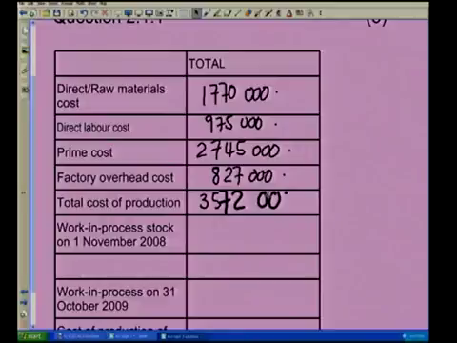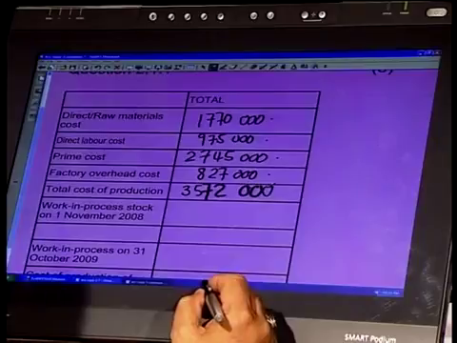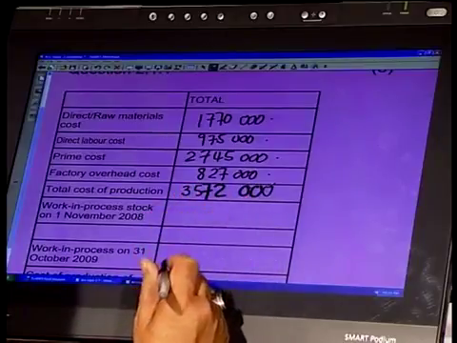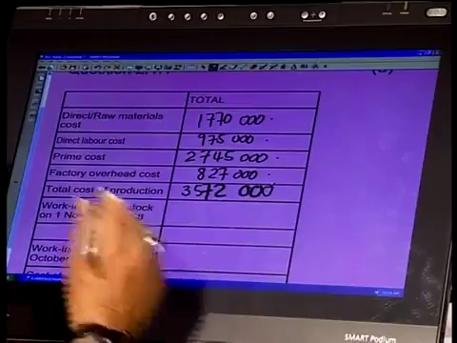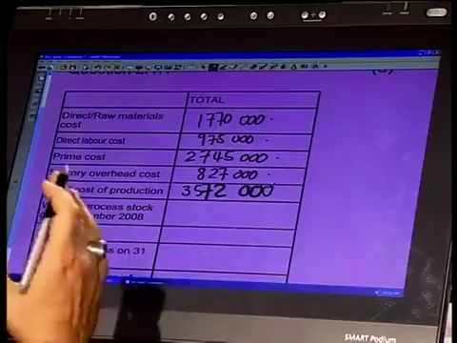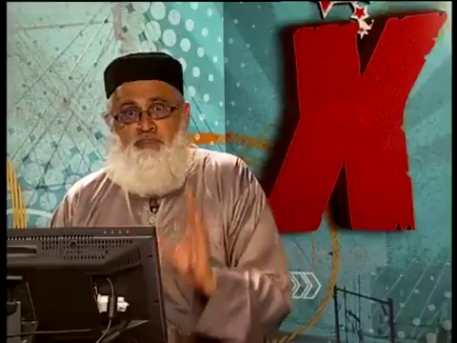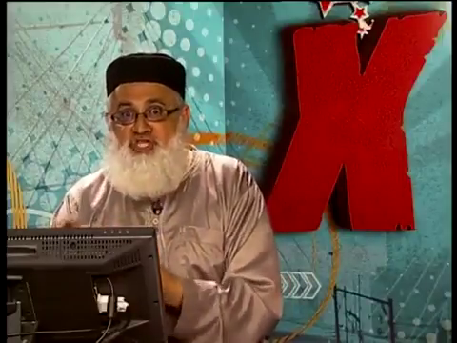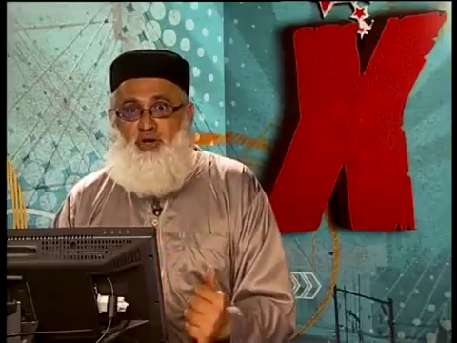Let's get that figure again, 3,572,000. And where did I get that figure from? That figure I got by adding my prime cost plus my factory overheads to give me 3,572,000.